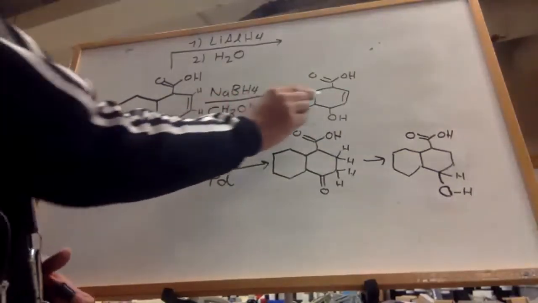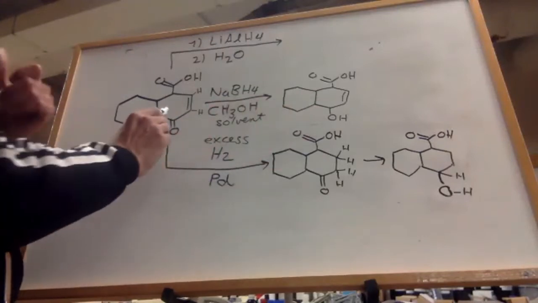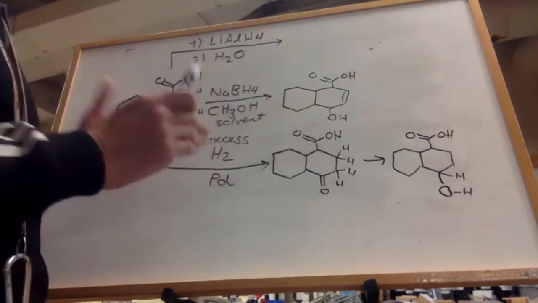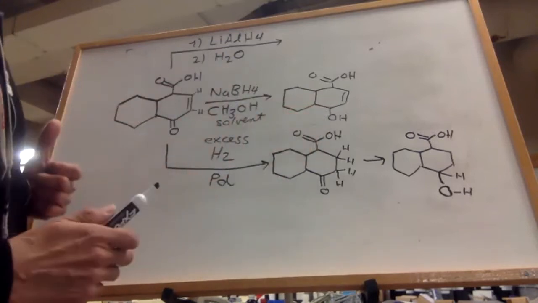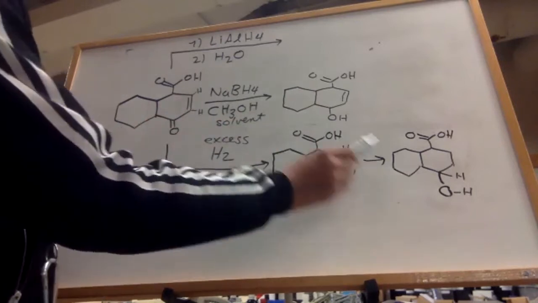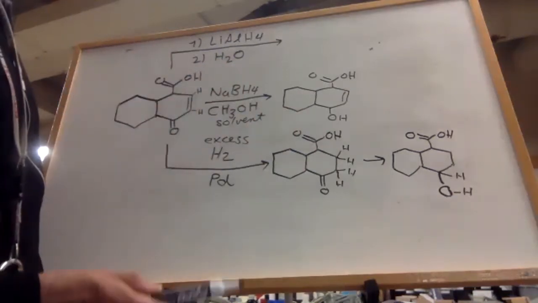You get the same result as reduction with hydrogen insofar as the carbon-oxygen double bond adds hydrogen, the atoms of hydrogen across where that double bond used to be. So see, if you reduce this compound with hydrogen, you're going to get something different from reduction with sodium borohydride.